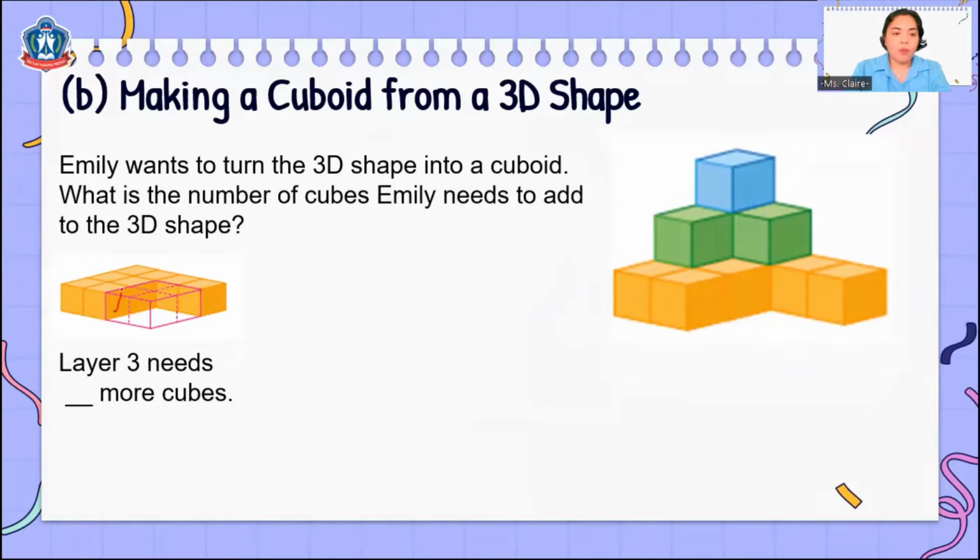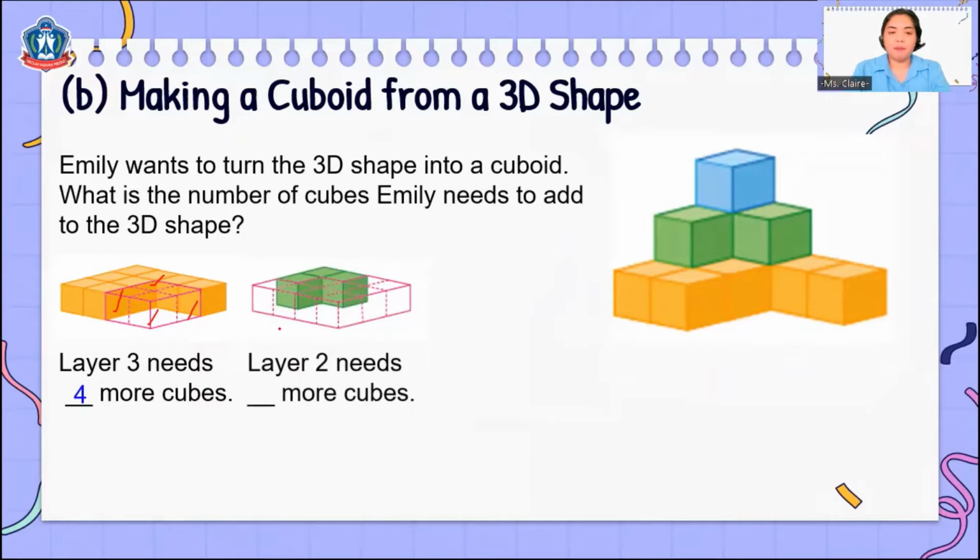We have 1, 2, 3, 4. So 4 more cubes. How about layer 2? 1, 2, 3, 4, 5, 6, 7, 8, 9. So it needs 9 more cubes because it already has 3. So 3 plus 9 is 12.